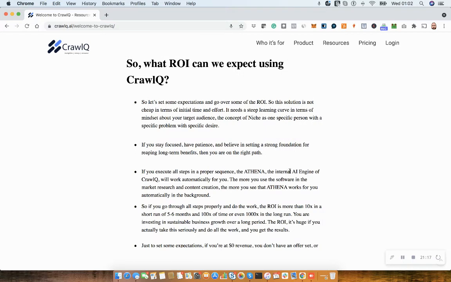CrawlQ has its own AI engine, which is Athena. CrawlQ will work along with the Athena engine, and the more you use this software in its market research and content creation, the more you see that Athena works for you automatically in the background.